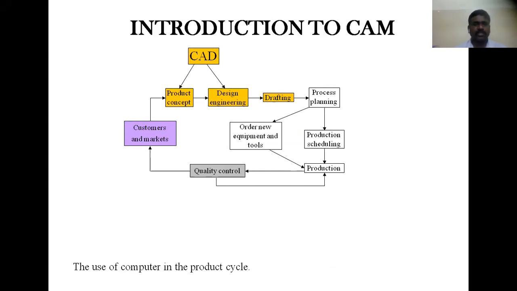This collective information will be gathered and discussed with a group of engineers to develop a new product concept. We call that the product concept. There, the actual concept of what product we need to develop, what specifications that product has to be developed with, and what the various functions of that product are.